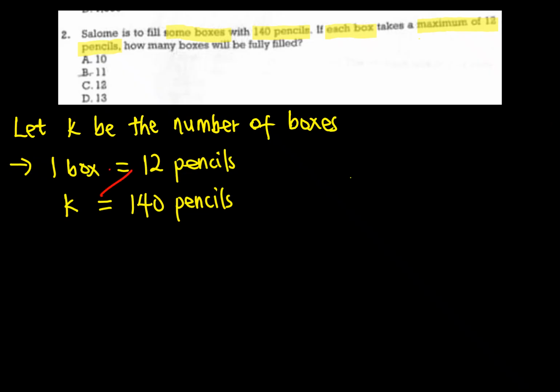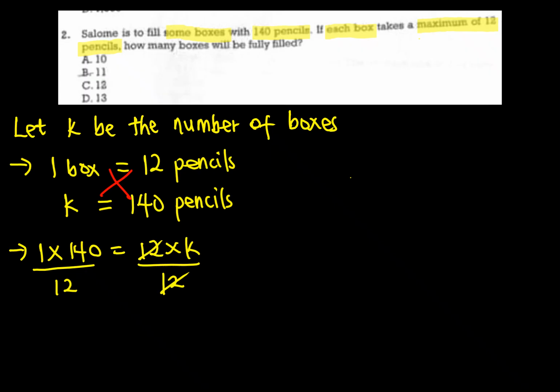So here we can cross multiply, then we are going to get 1 times 140, and this is equal to 12 times K. Making K the subject, you divide both sides by 12. 12 cancels 12, and you are going to get K equals 140 divided by 12, which is equal to 35 over 12, and the same as 11.6666.